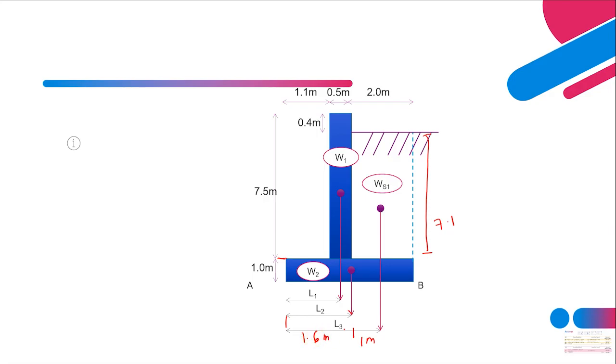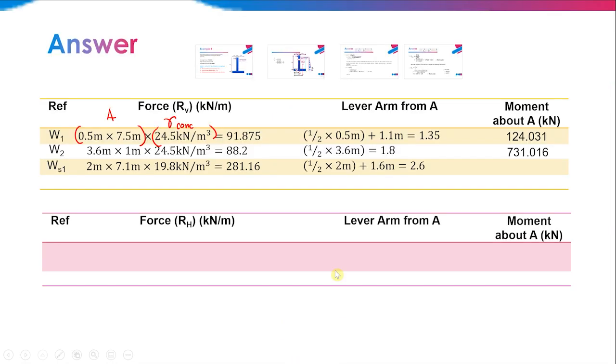So it is 2.6 meter, 2 meter bagi 2 campur 1.6 ni. Okay, 2.6. Darabkan, you akan dapat moment. So itu saja on the vertical forces and moment. Campurkan untuk dapatkan total vertical forces and dapatkan total stabilizing moment.